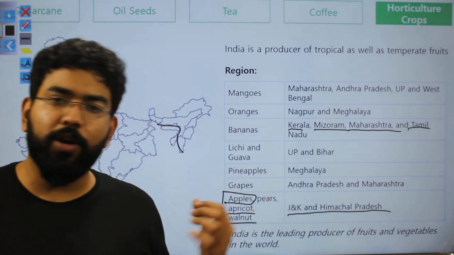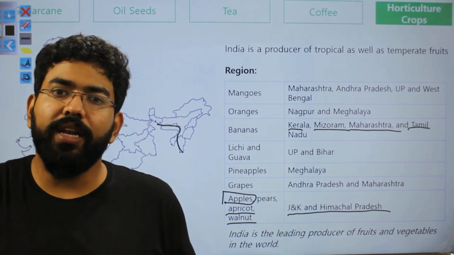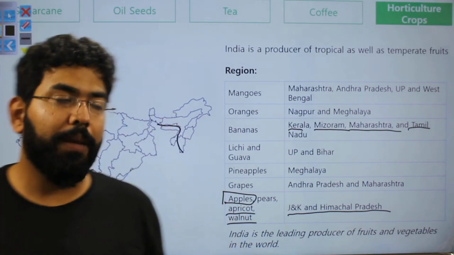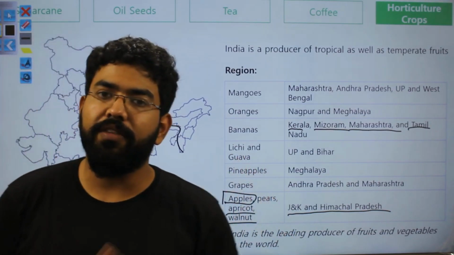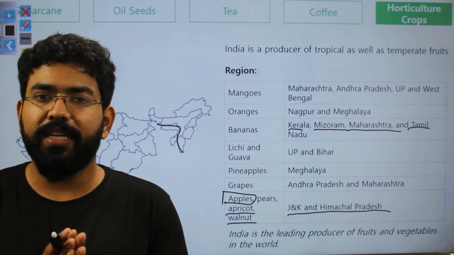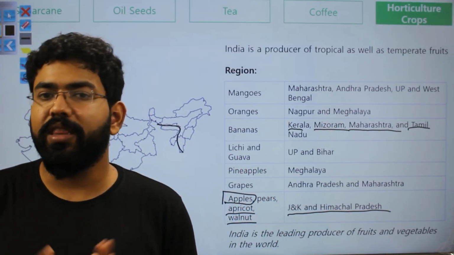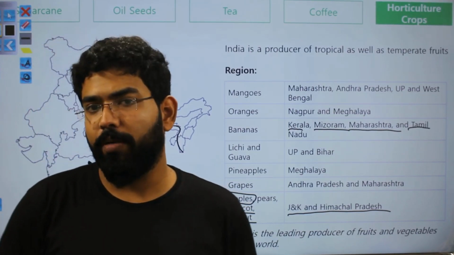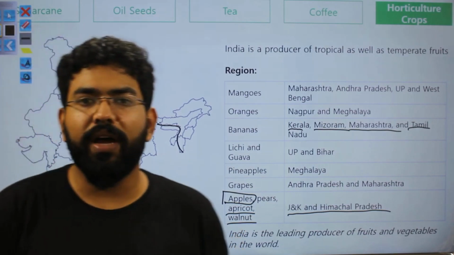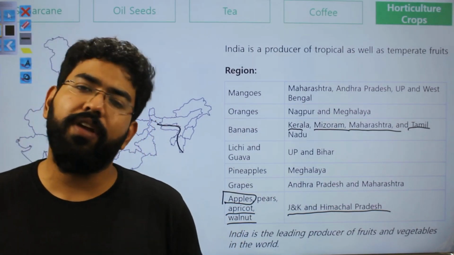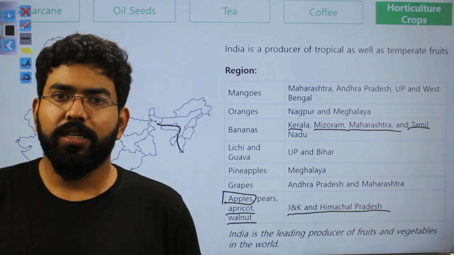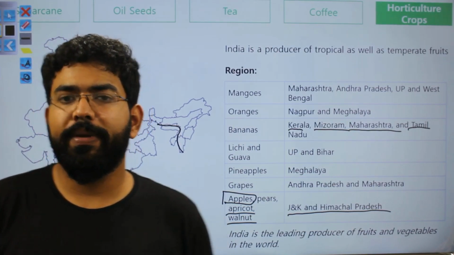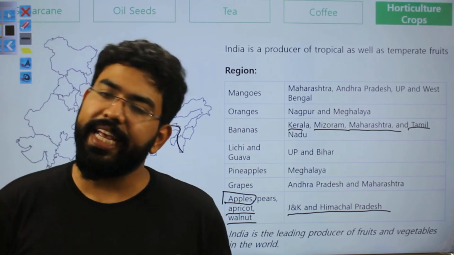Walnut and apricot are found specifically in Jammu and Kashmir, and Himachal apple is famous in the world. Our fruits and vegetables are extensively known in the world, and we are the largest producer of horticulture crops. So these are some of the other crops we are discussing after the ones we have already discussed. This covers your food crops in general. We'll be discussing other crops after this in the next video.